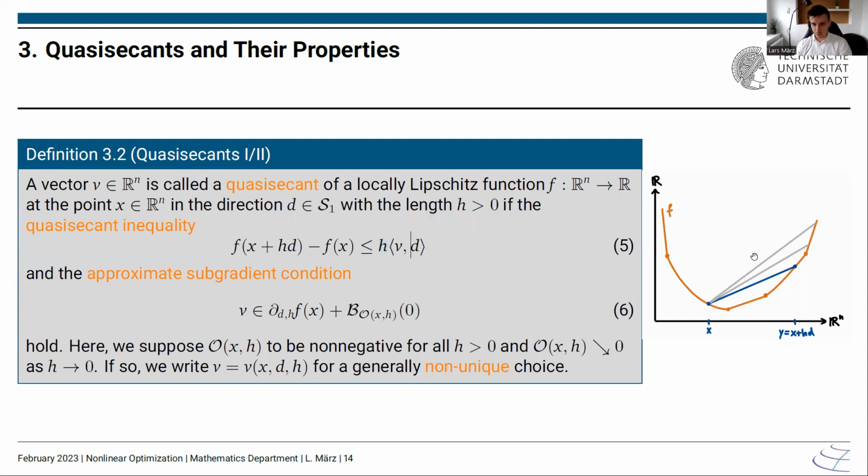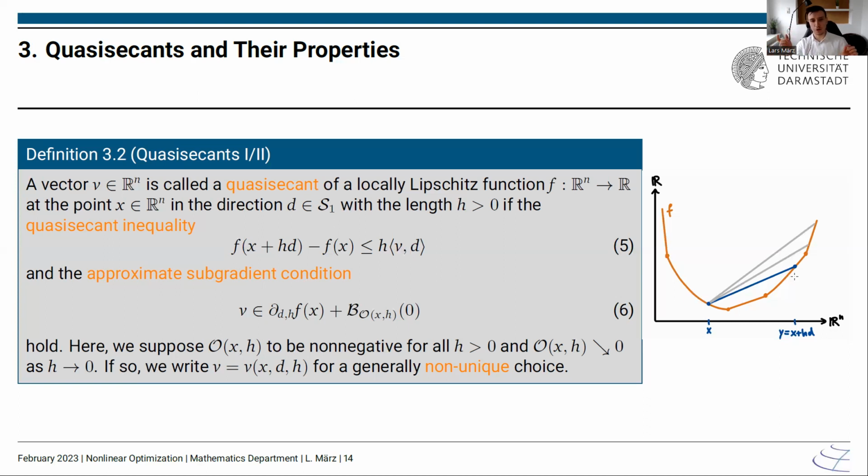And you can see a visualization of this in the graph on the right-hand side. So we just demand this to be an underestimator for that point. The hyperplane doesn't have to be above the graph of f everywhere. And the approximate subgradient condition states that V must be in that union on the line segment of subdifferentials, but not quite.